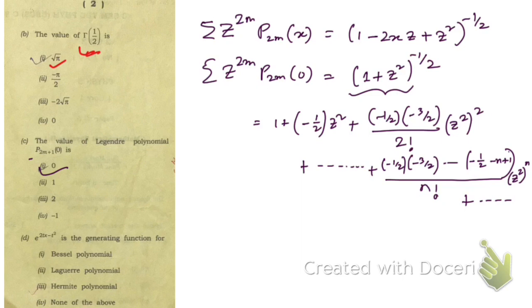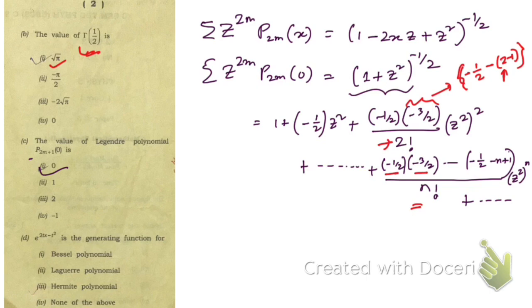Now here you see, when we have factorial 2, this term you can consider as minus half minus 2 minus 1. So when there is factorial n, that's going to be minus half, minus 3 by 2, minus 5 by 2, and so on.